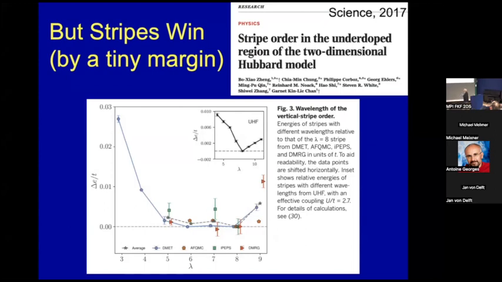So in this paper and a few others, there was a very systematic combination of methods, taking very carefully the question of boundary conditions and so on to actually assess this competition. And what was concluded is that in most parts of the phase diagram, when T prime is 0, superconductivity does not win in the ground state.